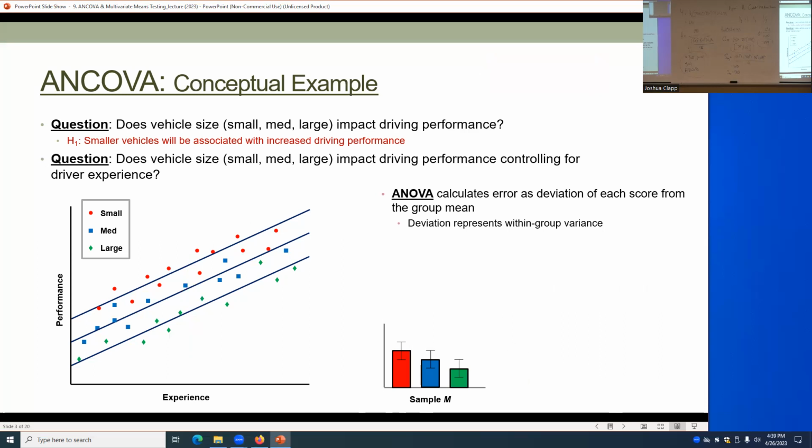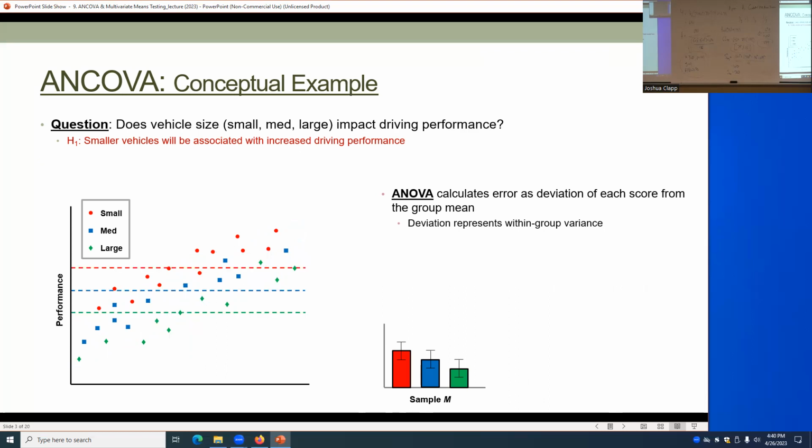Now, instead of here, where my variability is the difference of each person from the mean of that group, so I've got a lot of differences all across these groups, for my medium group a lot of differences, here a lot of differences, right?